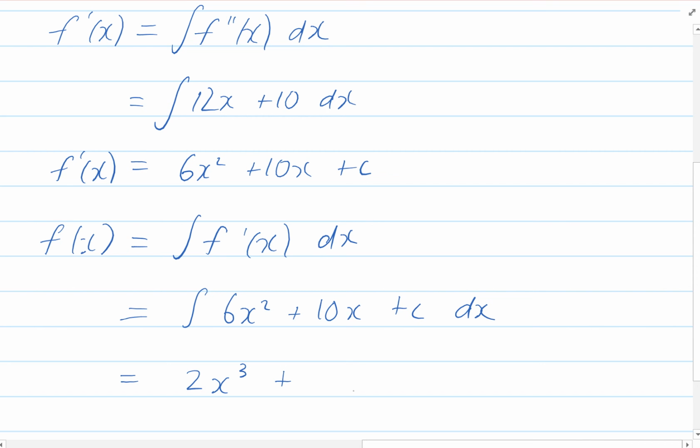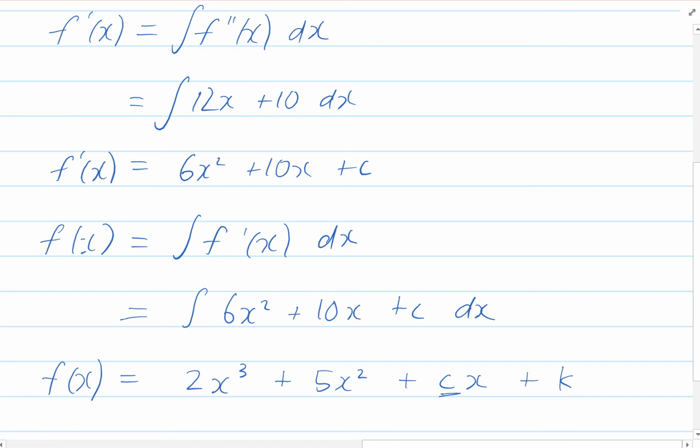And then we're dividing 10 by 2, so that's 5x squared. And then c, any number by itself just goes to that number times x, so we're going to have plus cx, and then we have to have another constant of integration, so this time I'll write k. And so that's our f of x function.